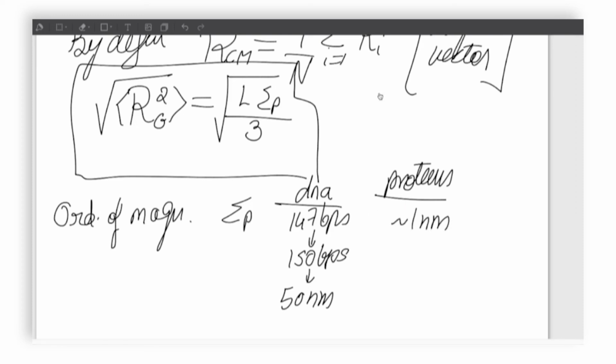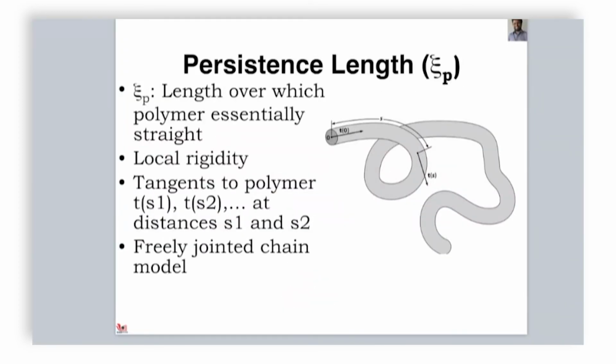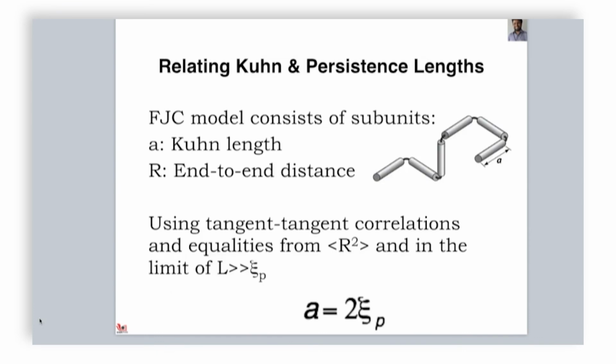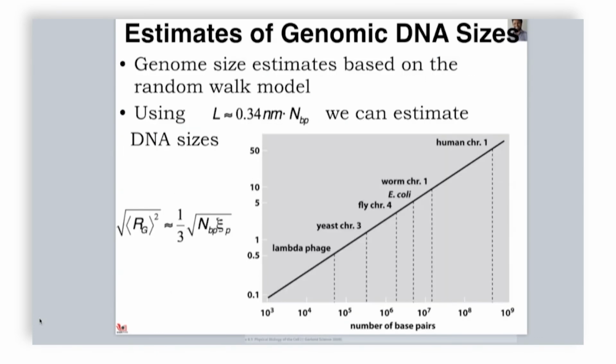All right. So we return to a concept from persistence length and radius of gyration, to a Flory temperature, before which I have taken from the textbook a plot of the solution to the radius of gyration, by substituting L, the length of the polymer, as 0.34 nanometers times base pairs, therefore 1 by 3 root n base pairs times Cp for DNA alone.